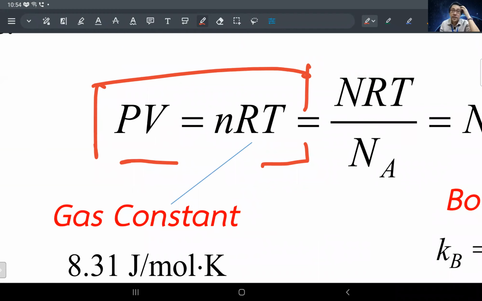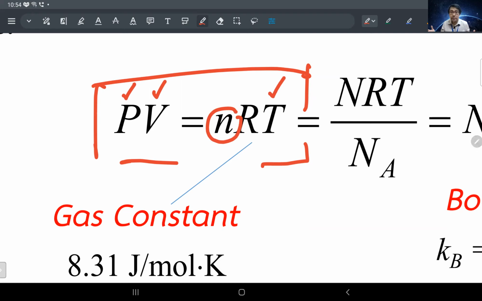If I know the pressure in my room, I can measure the volume of my room, and I can measure the temperature in my room. Using this equation, I will be able to figure out the number of gas in units of mole in my room.